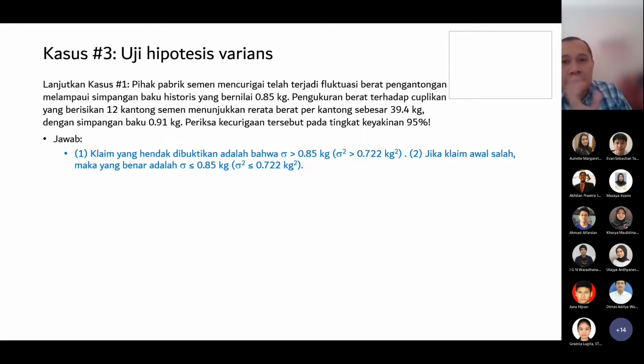Jadi mereka curiga ada peningkatan variabilitas, peningkatan sebaran, ya, sebaran berat pengantongan semen, which exceeded the historical value for standard deviation, which is supposed to be 0.85 kilogram. Okay. So sigma is supposed to be 0.85. Now they suspect that now they encounter a wider variation of product.